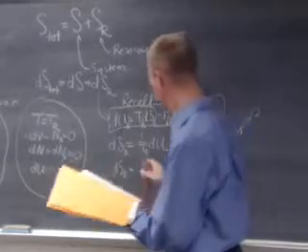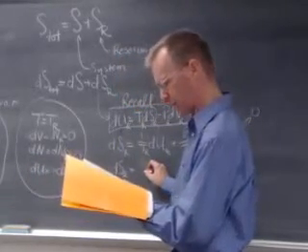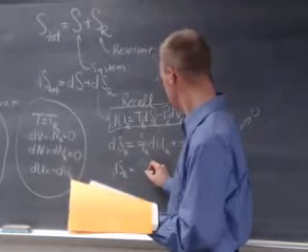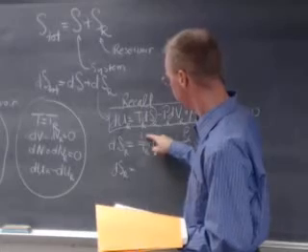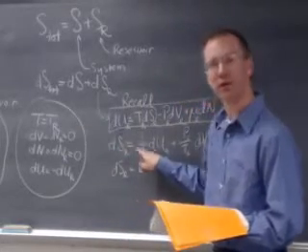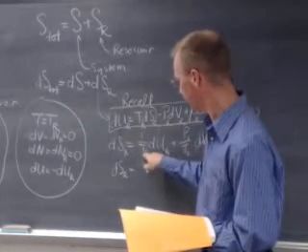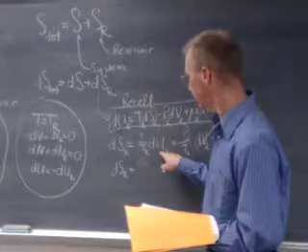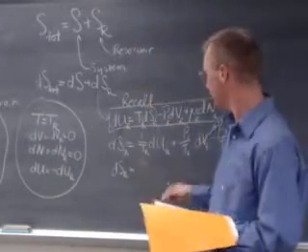And I can put in here, let's see. I think I'll go ahead and put in that the temperature of the reservoir, TR, is the same as the temperature of the system, T. So I can put that as 1 over T. dU_R is the opposite of dU, is minus 1 times dU.